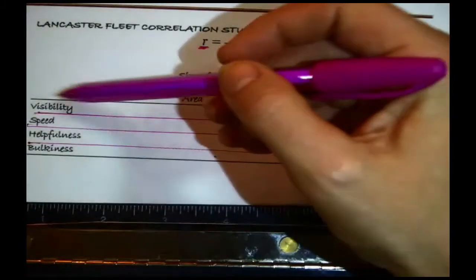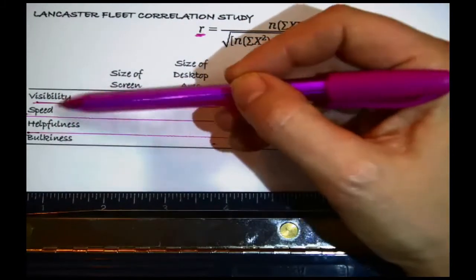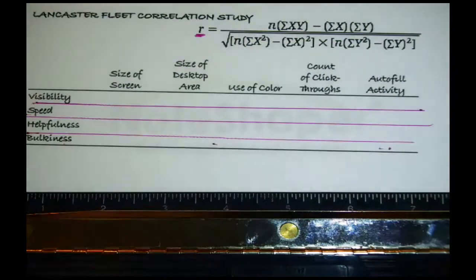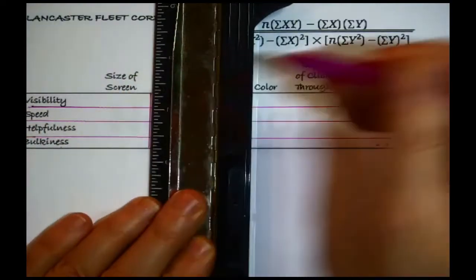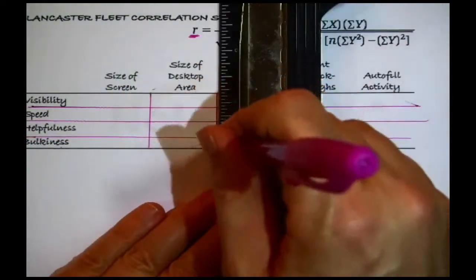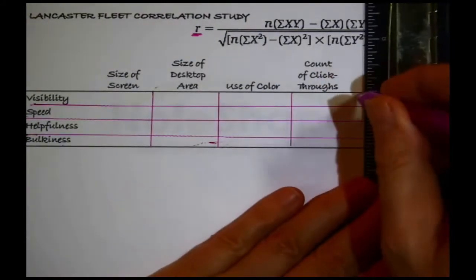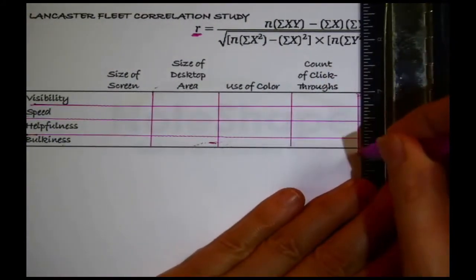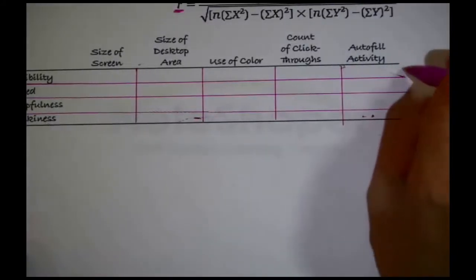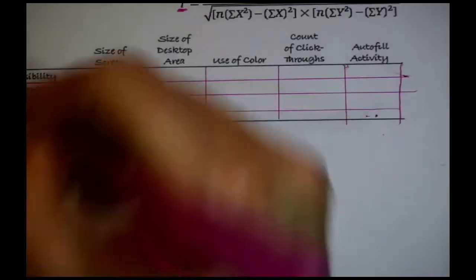Those were the four things that the officers were concerned about with the inboard information systems. These columns are engineering's observations: size of screen, use of color, count of click-throughs, autofill activity.